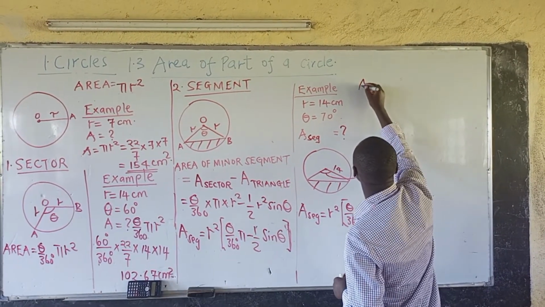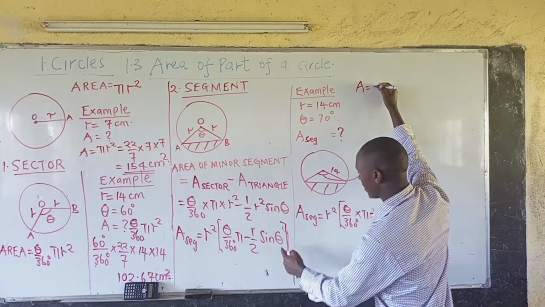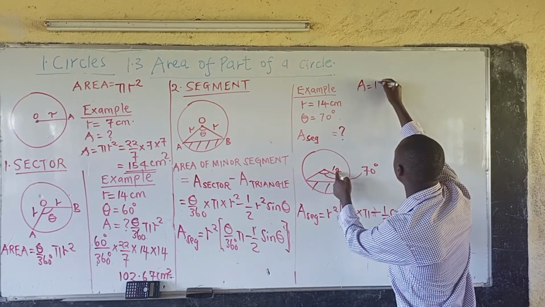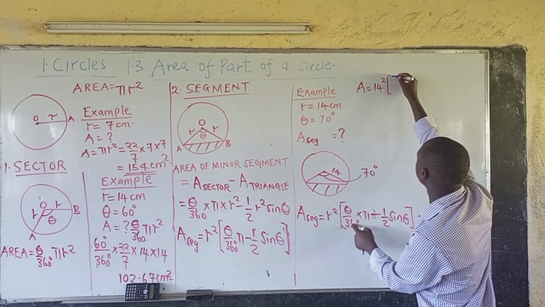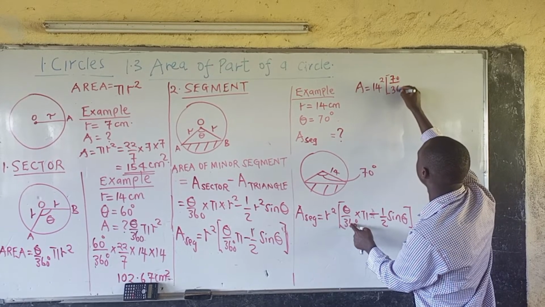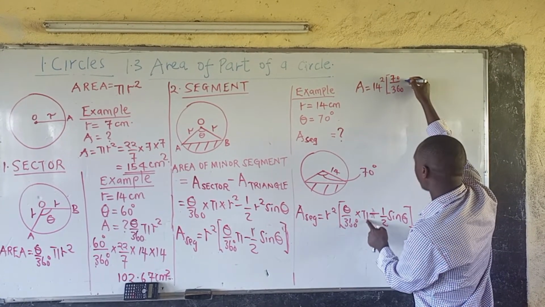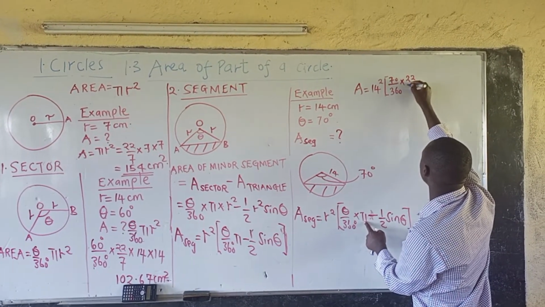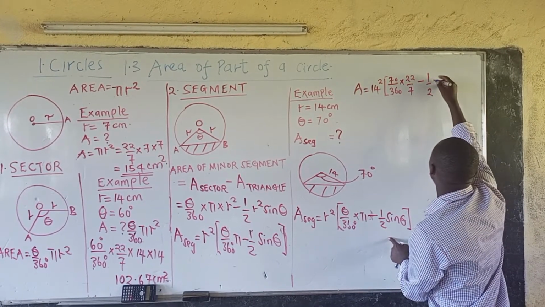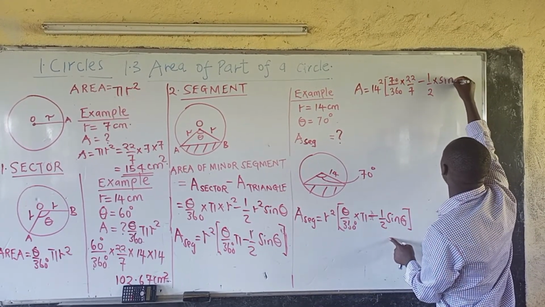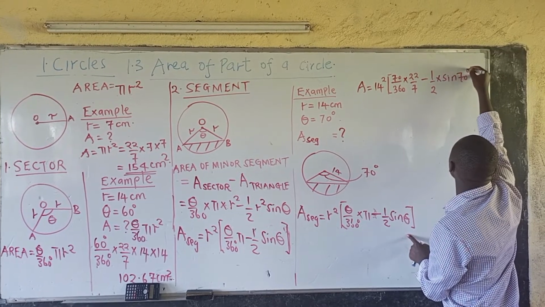The area is going to be equal to r squared, and r squared is 14 squared, multiplied by 70 divided by 360 multiplied by pi. You can use 22 over 7. We subtract half multiplied by the sine of 70 degrees.